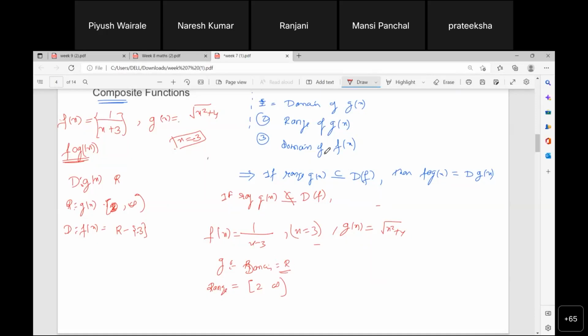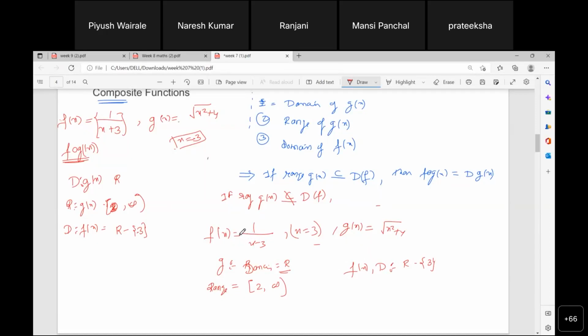Now, what is the domain of f of x here? Everything except 3. The domain for f of x will be R minus 3. I have changed the function, right?